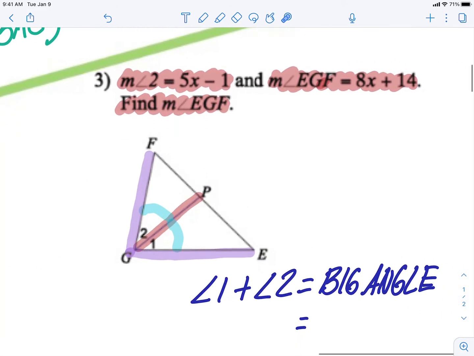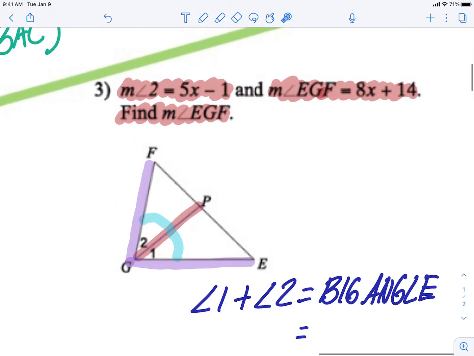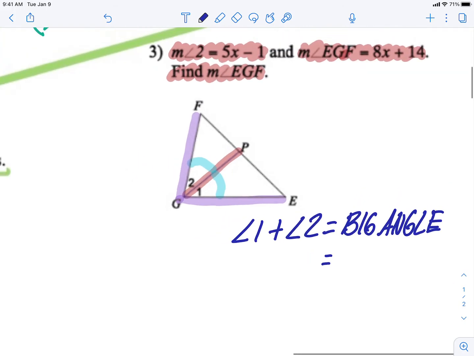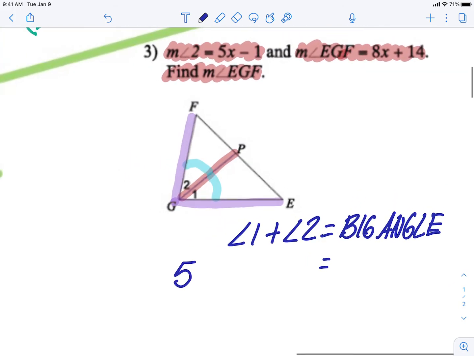So since they are the same, I'm just going to write 5x minus 1 two times. So angle 1 is 5x minus 1 plus angle 2 is 5x minus 1, is equal to the big angle.